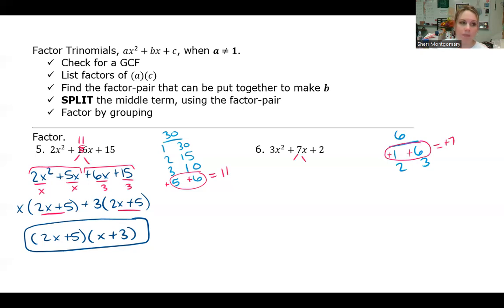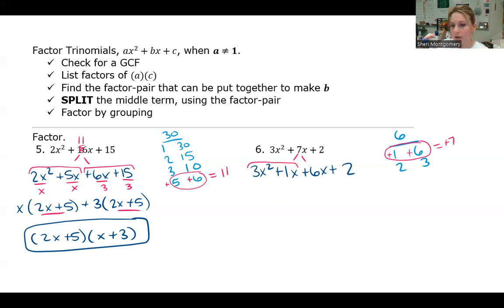So I'm going to split that middle term. Honestly, it doesn't matter if you write the 1x first or the 6x, you'll end up with the same answer.